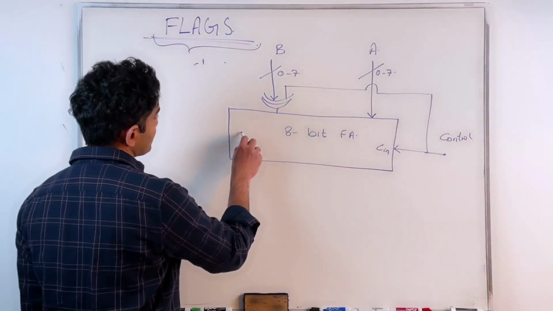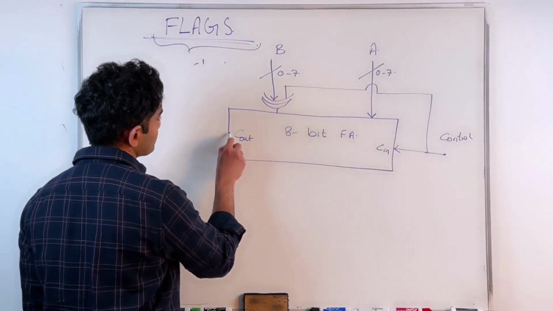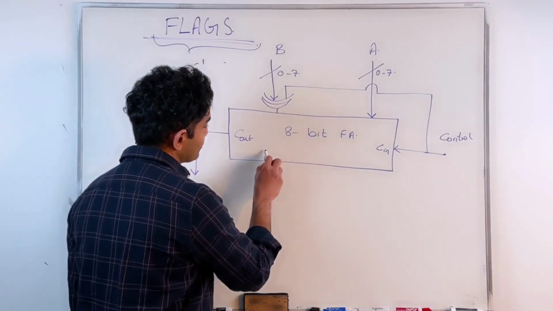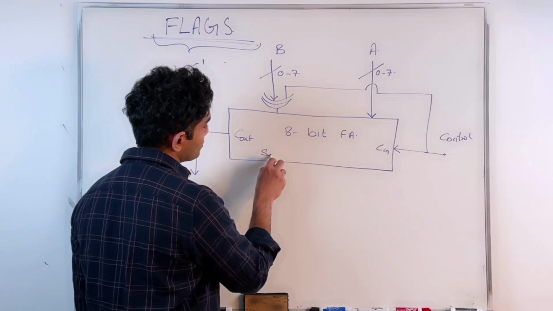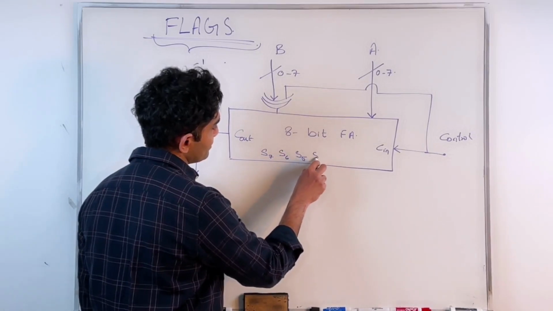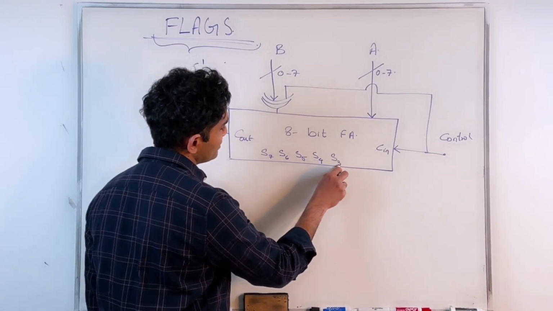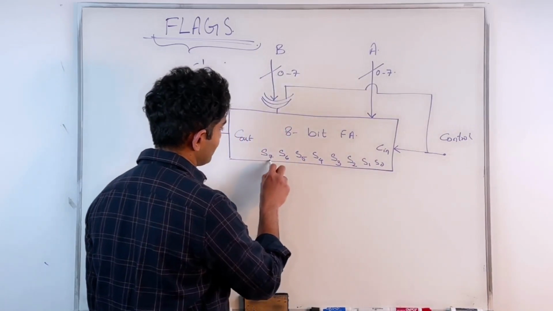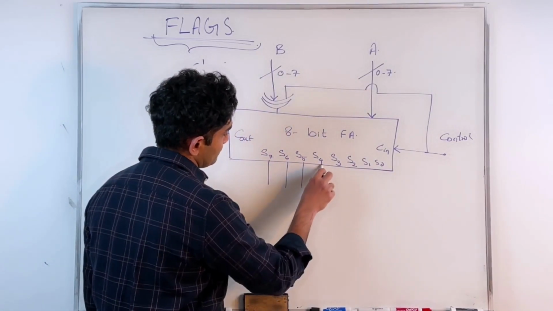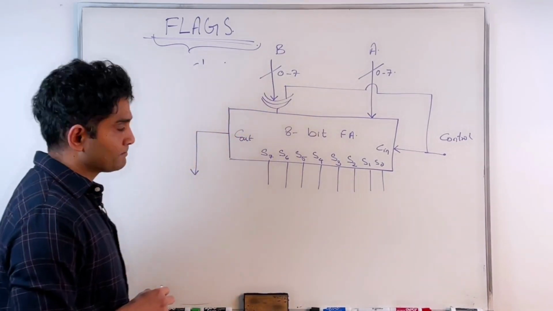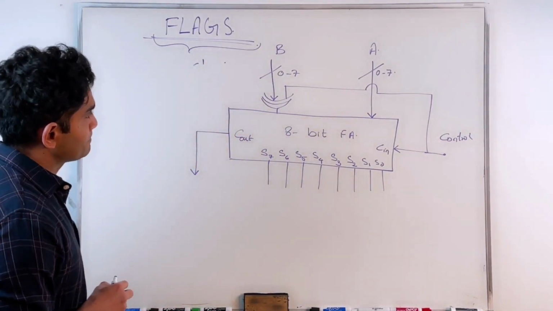That's your Cout. And that's your S7, S6, S5, S4, S3, S2, S1, S0. So that's your 8-bit sum.